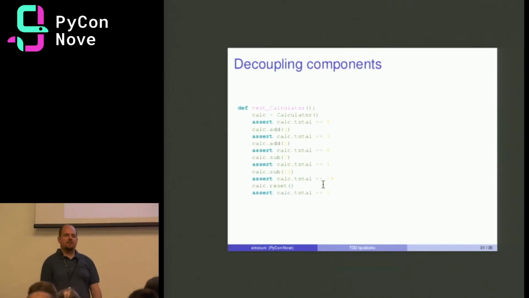And then it becomes straightforward to test the logic, because now I can write a class which has no GUI at all, and I can just write a test. I can check that whenever I call add, I really add the things, and when I call subtract, I'm subtracting them, and reset, well, guess what it does.